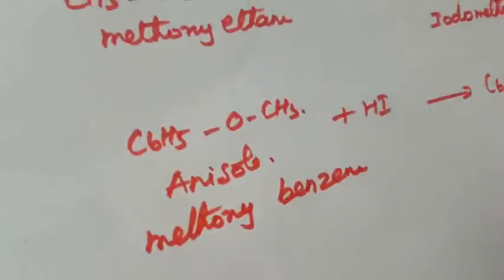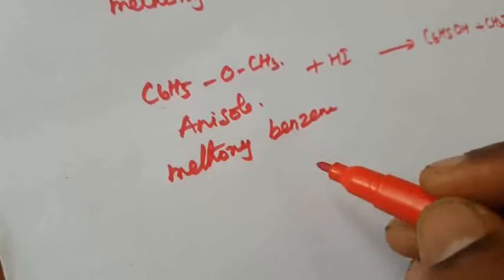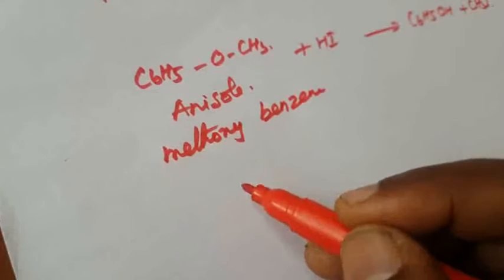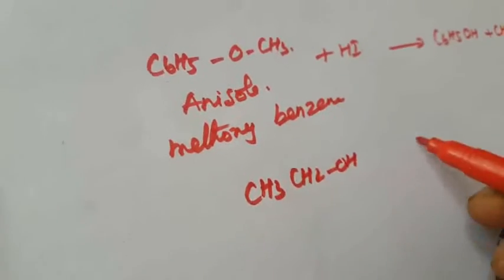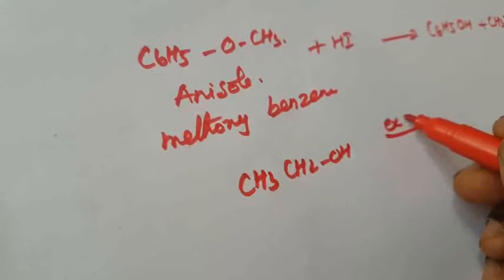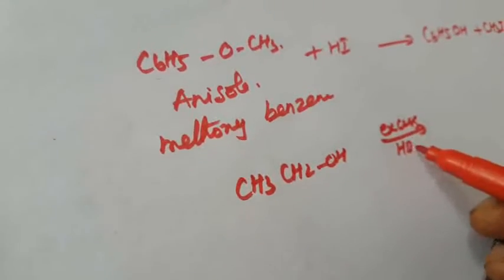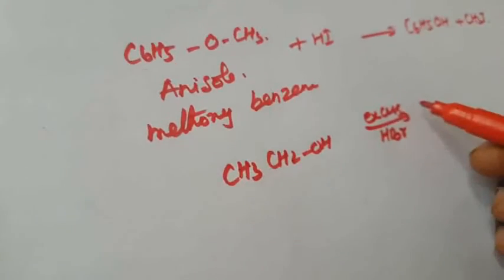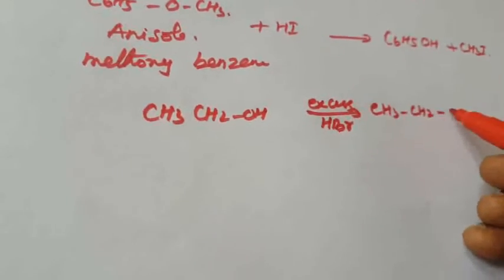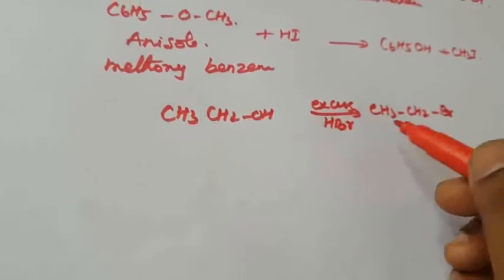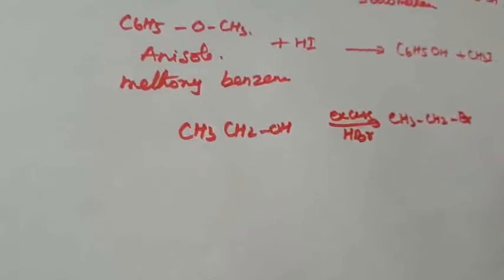Another one, with excess HBr, CH3CH2OH, what will happen? Bromoethane will be formed, that is CH3CH2Br.